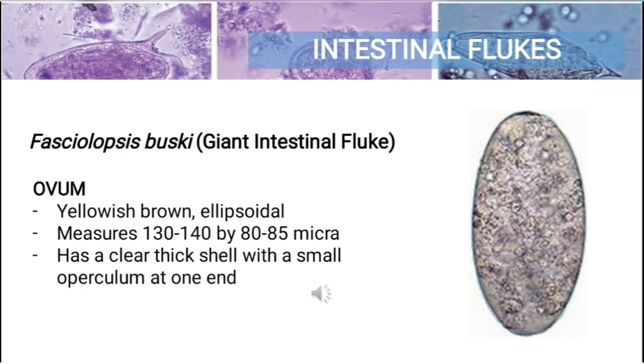And the egg is somewhat yellowish brown in color. It is also ellipsoidal, and it has a clear, thick shell with a small operculum at one end. And the treatment used for this parasite is praziquantel.